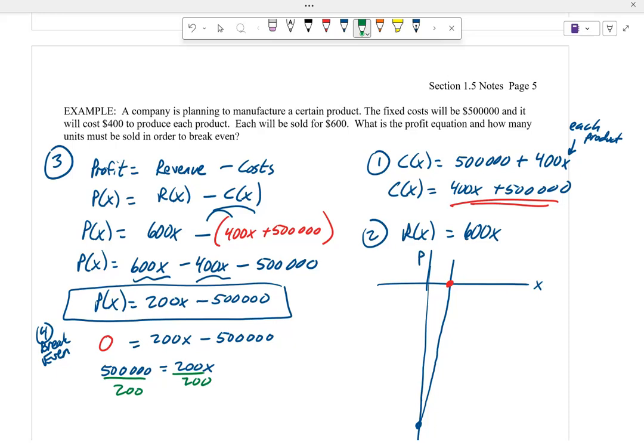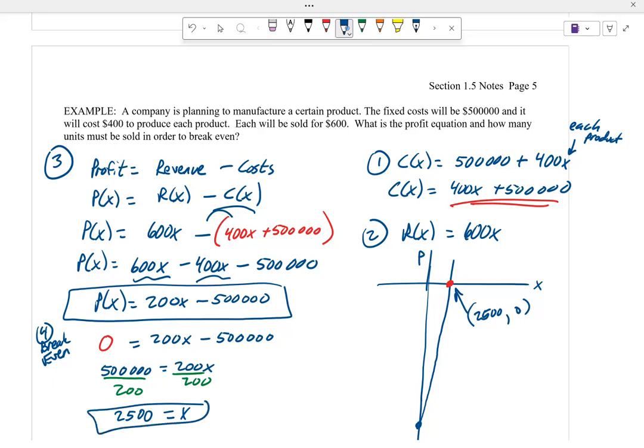And that should be 2,500. That's 2,500 units. So we got to sell 2,500 of these just to break even. Right? That's the break even point right there, 2,500.